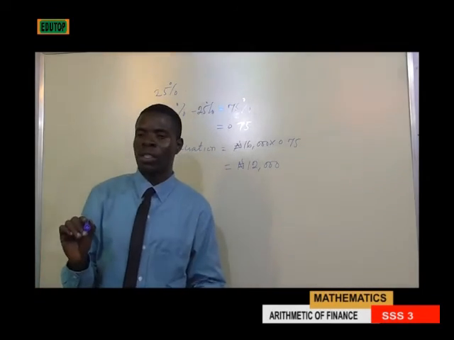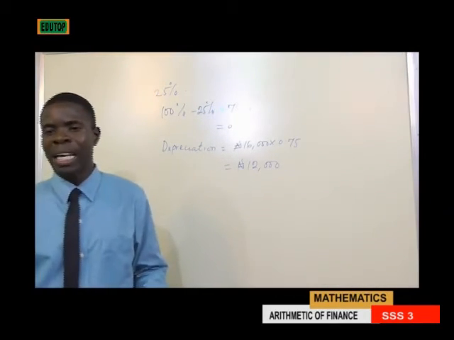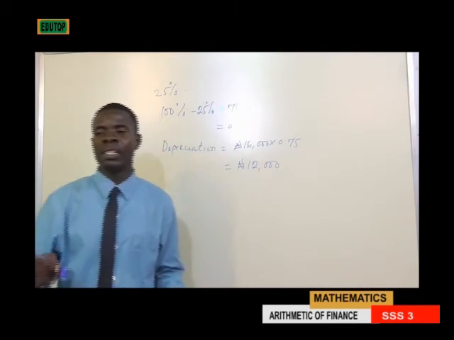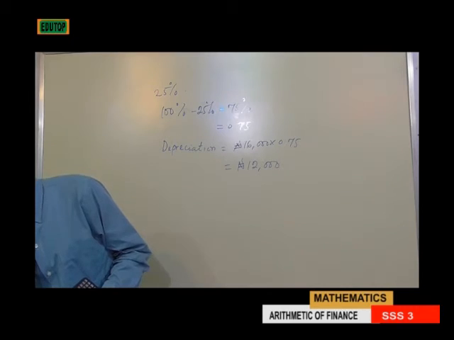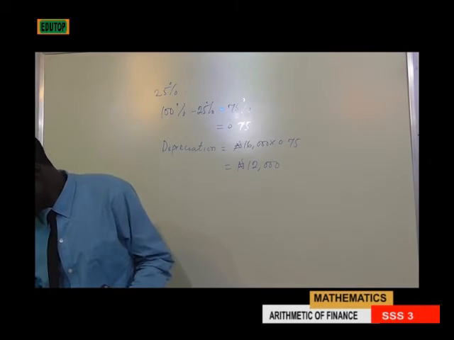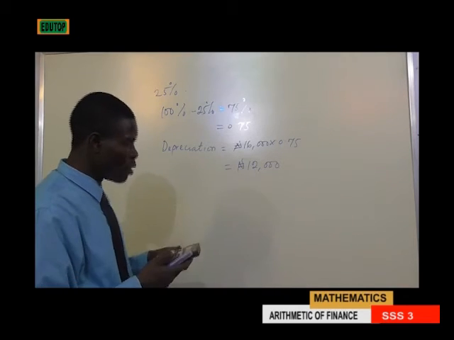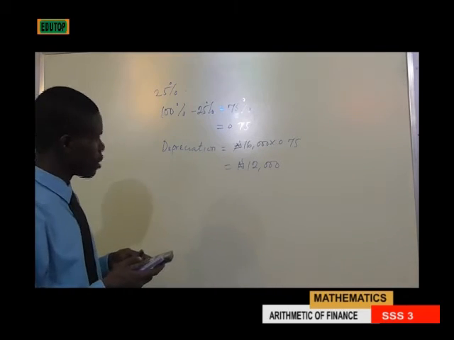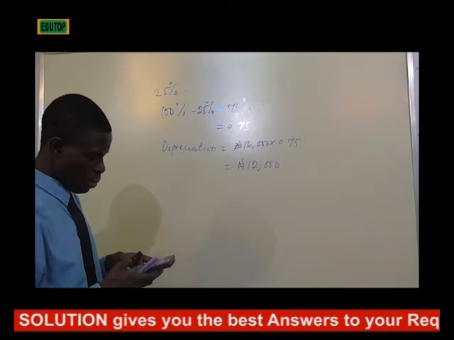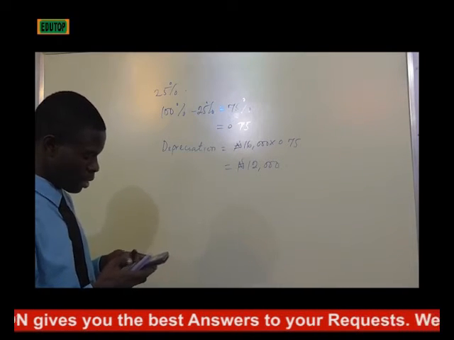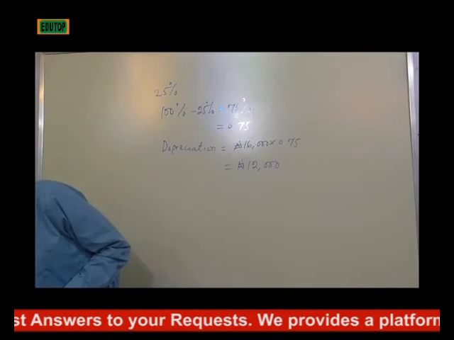So we are made to understand that a radio costing this depreciated by this in the second year, find its value after 2 years. So automatically from that we can depict that since this is the depreciation value in the first year, if we multiply this by 0.75, then we have 9,000.